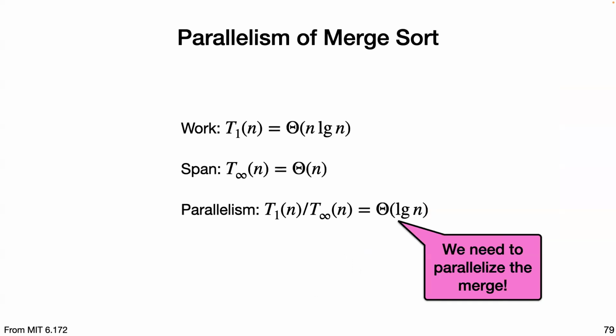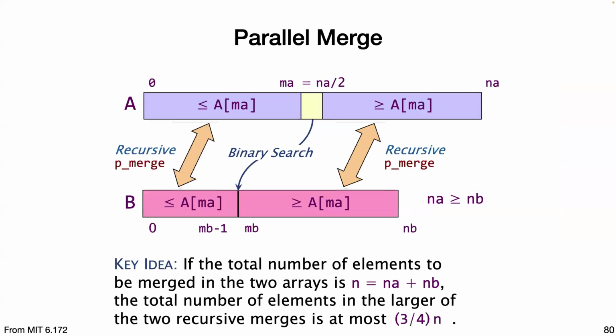So the next part, we're going to parallelize this merge, because that is our main bottleneck in parallelizing this entire thing. I think it's a cute algorithm, just a little nugget. The way that you parallelize the merge is that you have these two lists that you need to merge, A and B, and both of them are sorted.